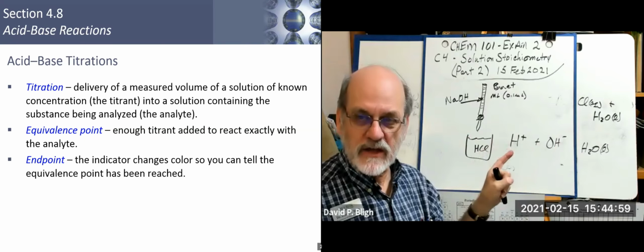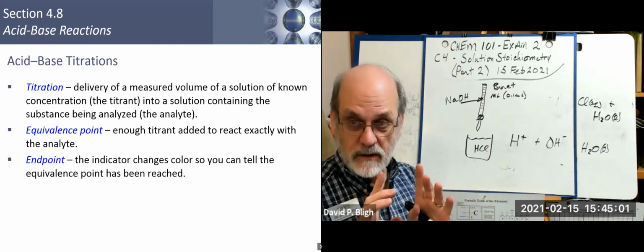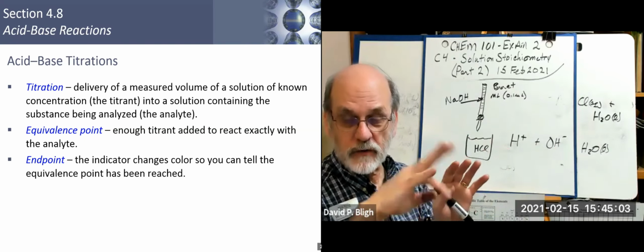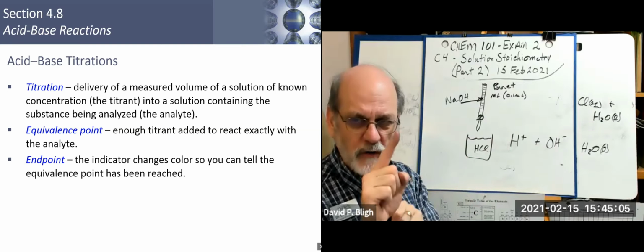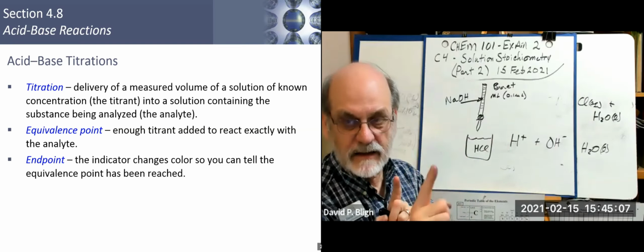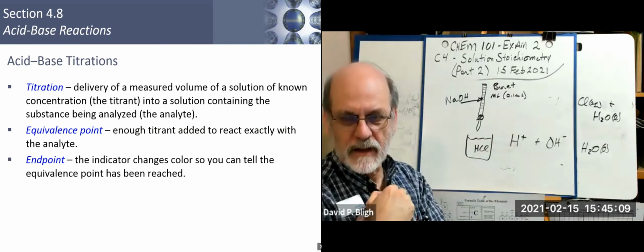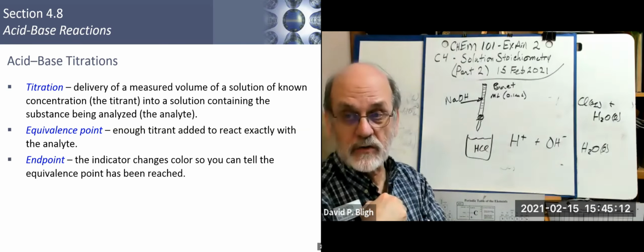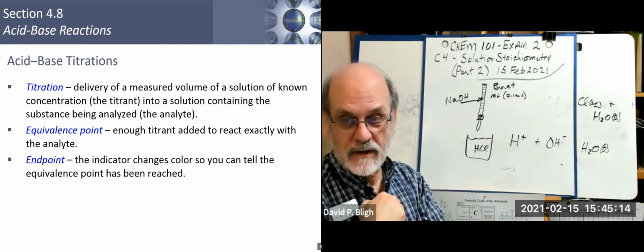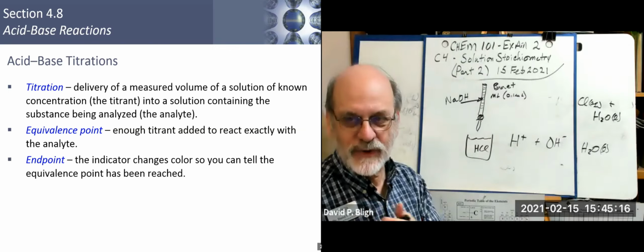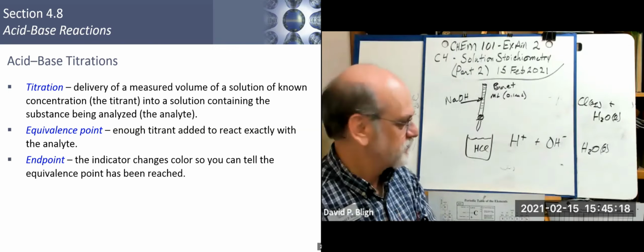But in order to do that, you have to use a pH meter and watch the curve, and at a particular point on that curve, you know that's exactly the equivalence point. But if you have 100 of these things to do in just a couple of hours, that's not the best way to do it. It's not the quickest way.